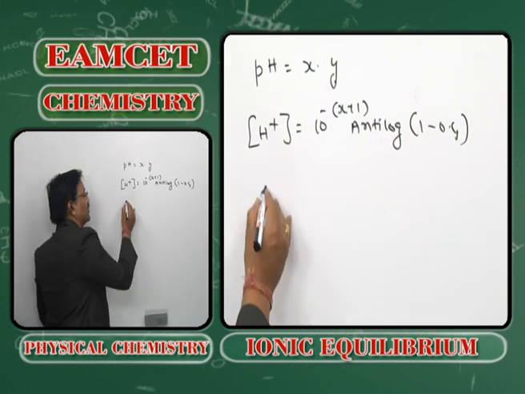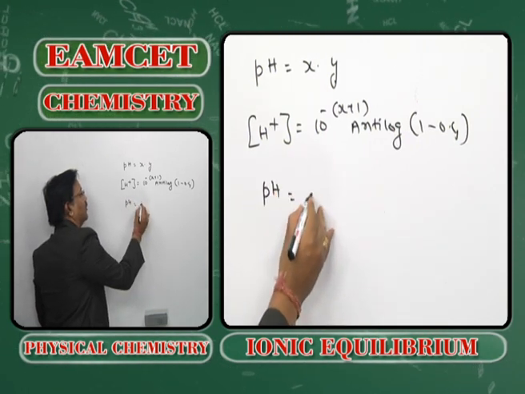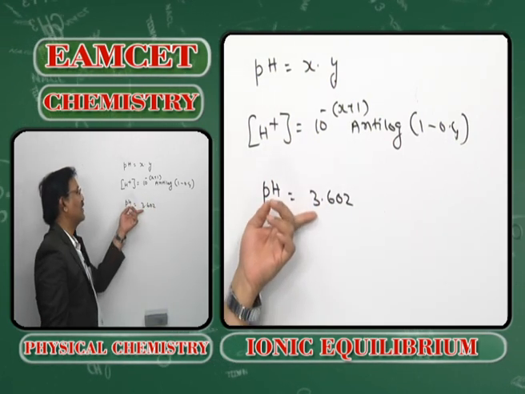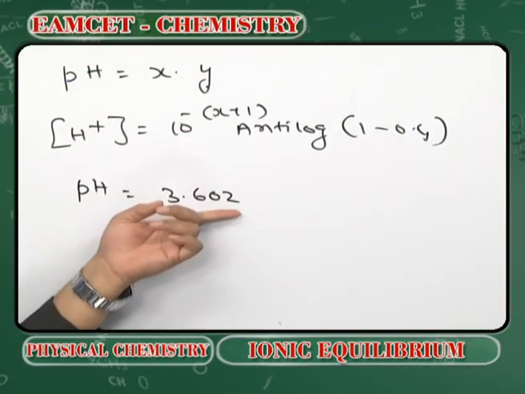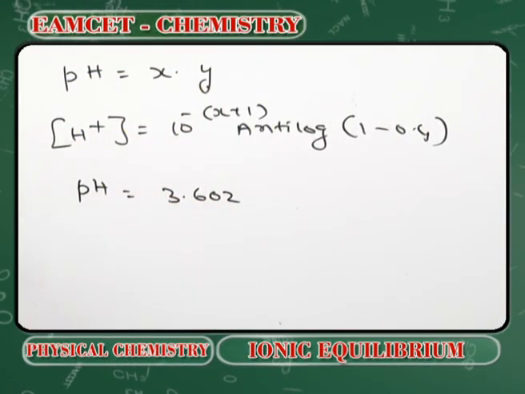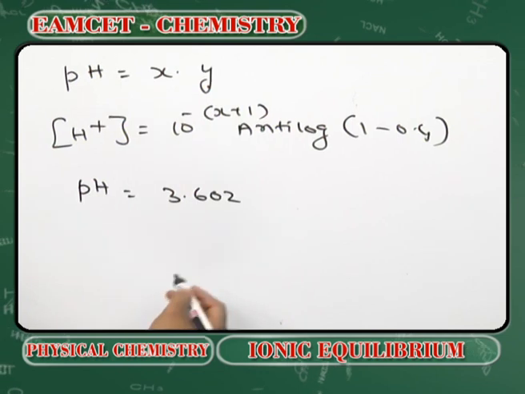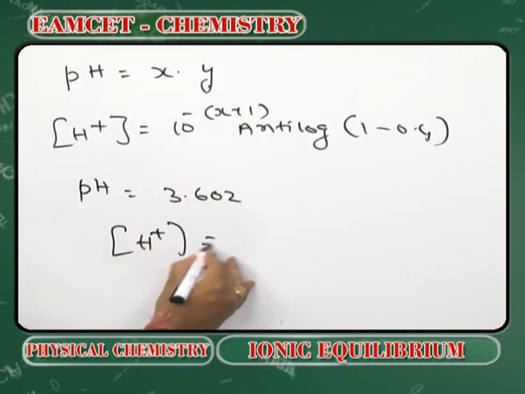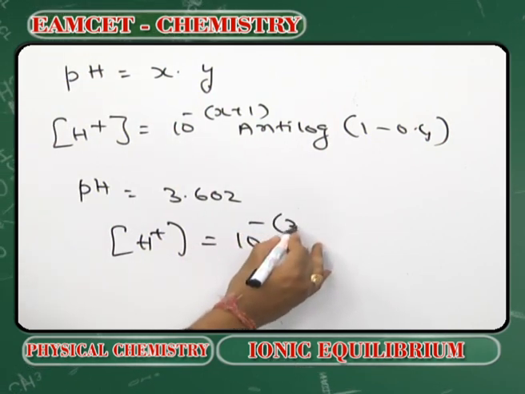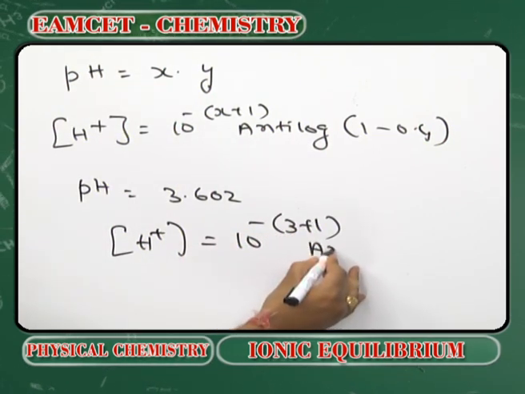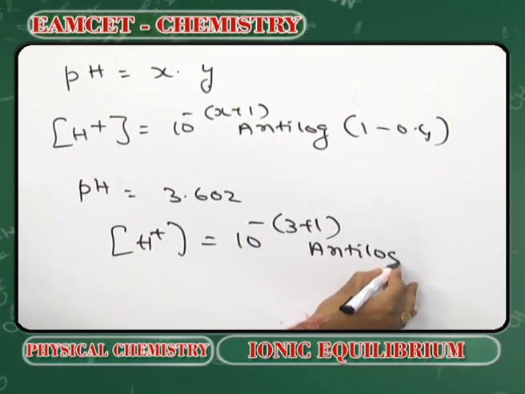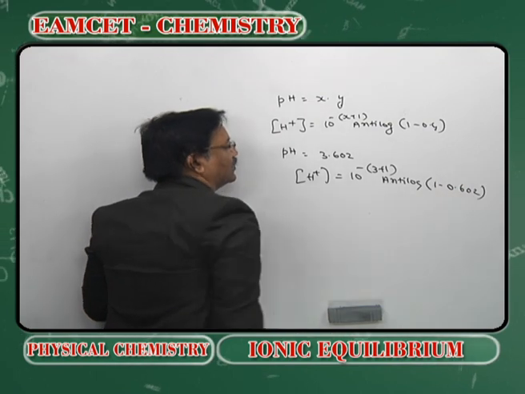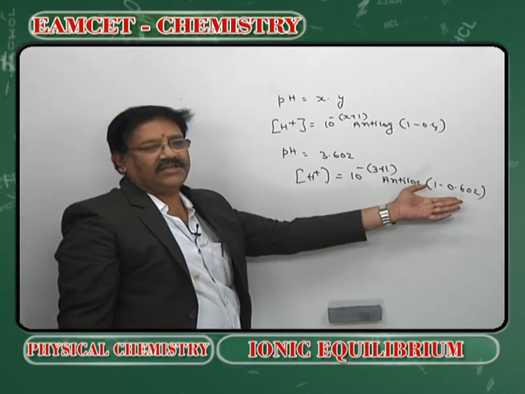In this case, what is the pH value? 3.602. So in place of x we have 3, and in place of y we have 0.602. Now what is the H plus ion concentration? 10 to the power of minus 3 plus 1, and antilog of 1 minus 0.602, that is around 0.399.